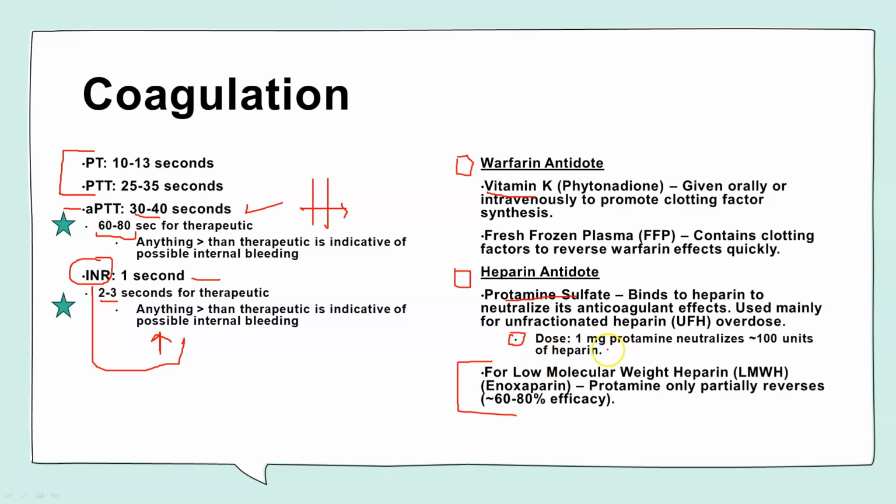But it's not something that I would ever ask you guys about. Enoxaparin, or our low molecular weight heparin, can still be counteracted with protamine sulfate, but it's only partial. And probably the best thing that you could do there is just hold that next dose.